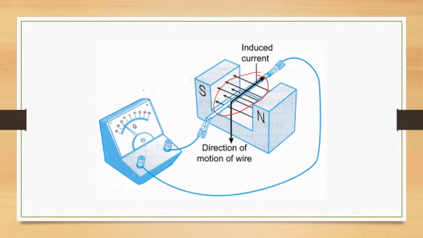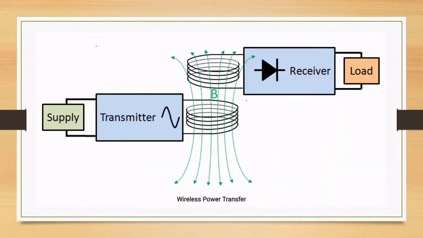This causes an EMF, or can be said as electromotive force, to be induced across the conductor wire. Since the conductor wire is connected in a complete circuit, the electric current will be produced and flow through the circuit. That's all for the concept of electromagnetic induction.